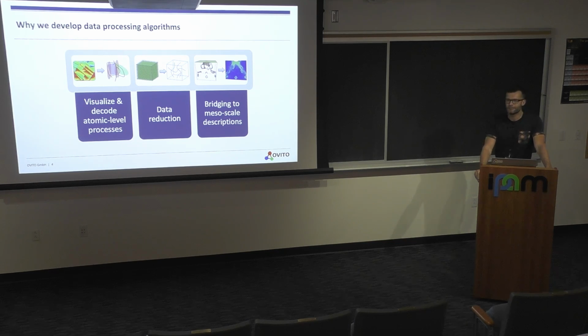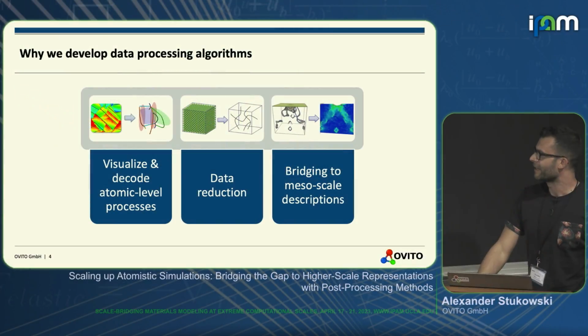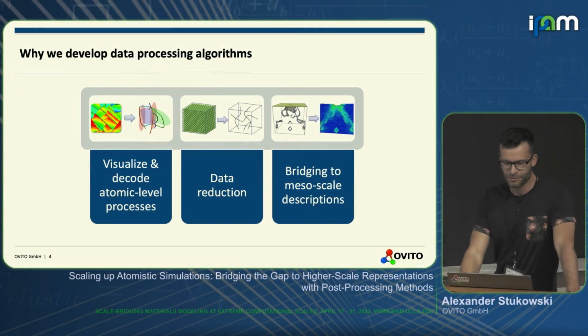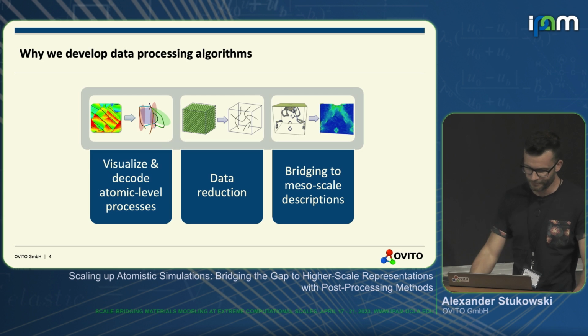You have to boil it down to manageable sizes and extract the relevant features. And the third goal is to build a bridge between the atomistic scale and higher scale mesoscopic descriptions of materials and corresponding theories. I want you to keep these three goals in mind because we will come back to these things throughout this talk.